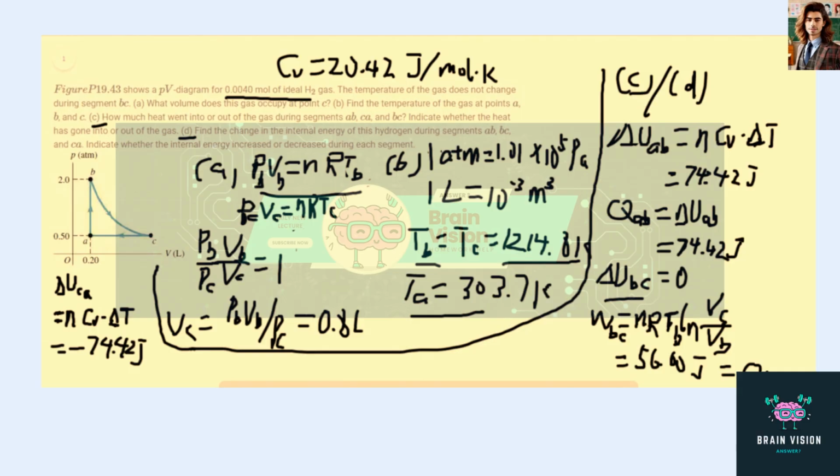And the work done in this process CA: the pressure is constant, so the work formula is easy. It's simply P times delta V, and delta V equals VA minus VC. So the work is negative 30.30 joules.